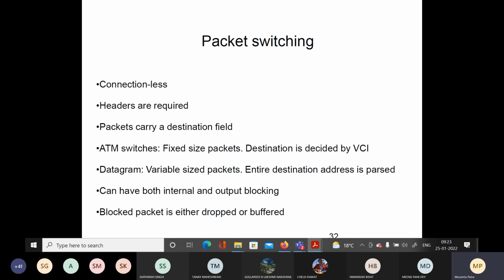So datagram switches mostly have variable size packets, and your entire destination address in terms of IP address is given there. Whenever the packet arrives, the destination address needs to be parsed to find the longest prefix match, and then you need to find the corresponding output port. So a lot of tasks come, which is basically overhead in case of datagram switches.